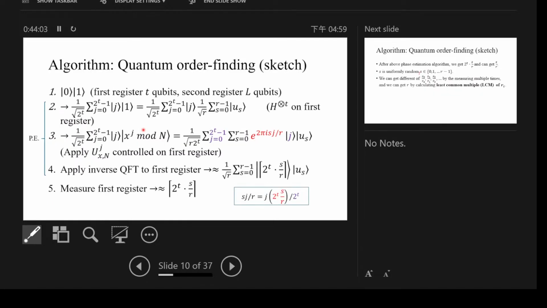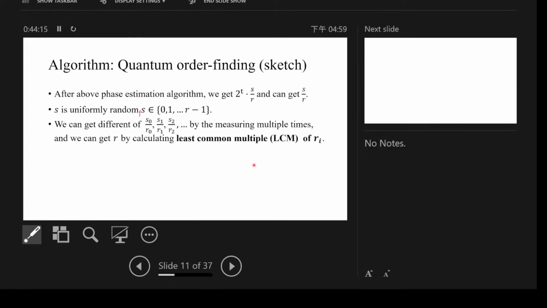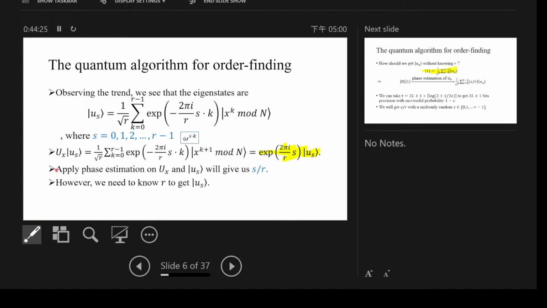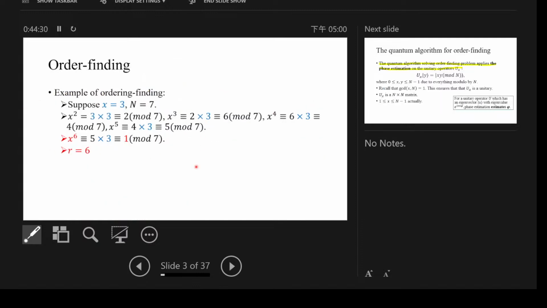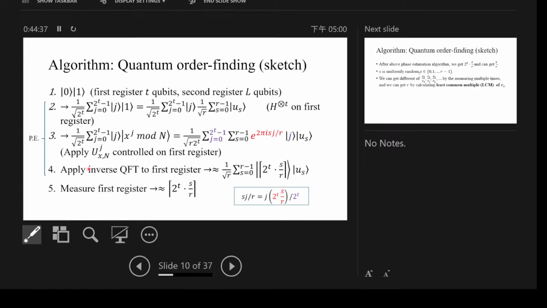Now here T is, we estimate this to T bits, where T is about our big N. We don't really want to do T calls to this multiplication unitary, because if you want to do that, then that's basically the same as doing the classical algorithm of multiplying everything. And so here is kind of where the quantum algorithm gets the exponential speedup.